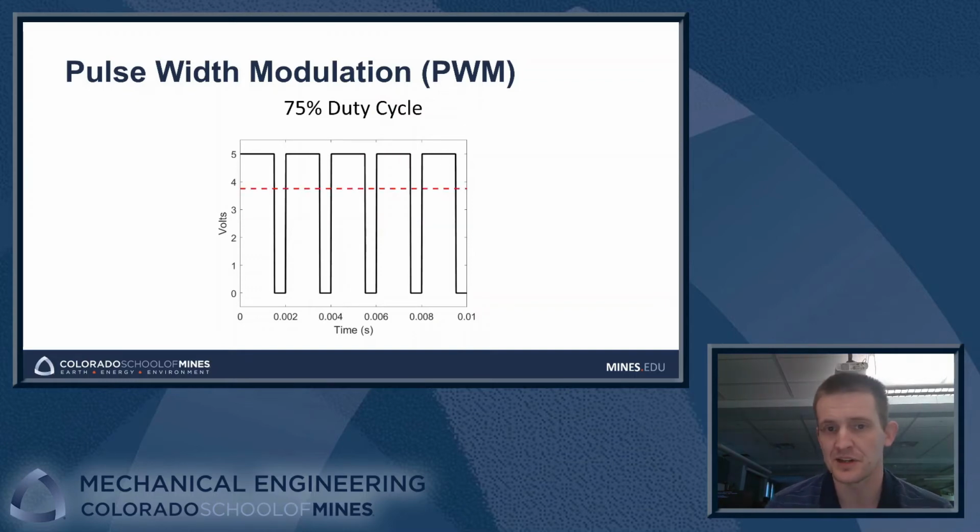And then we can also look at a 75% duty cycle, so you can see the time when the voltage is high is increased a little bit more, and our average voltage ends up being over 3 volts in this case. So we can vary the voltage that we're supplying to the motor by changing the duty cycle of the pulse width modulation signal.